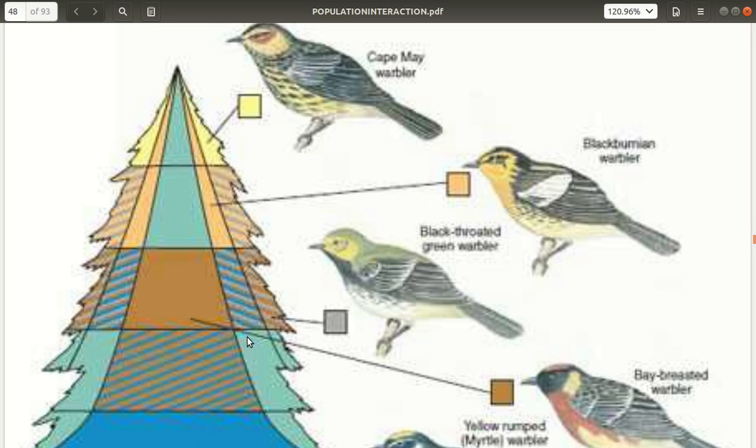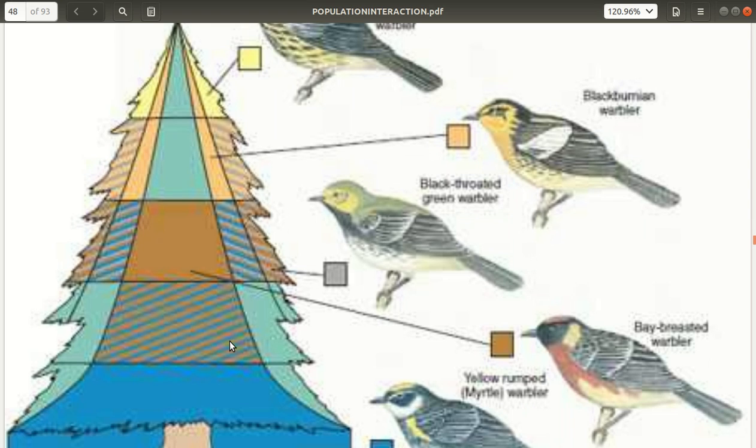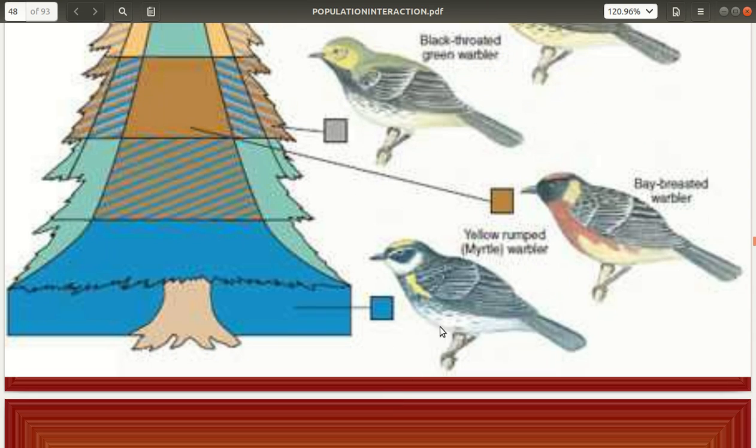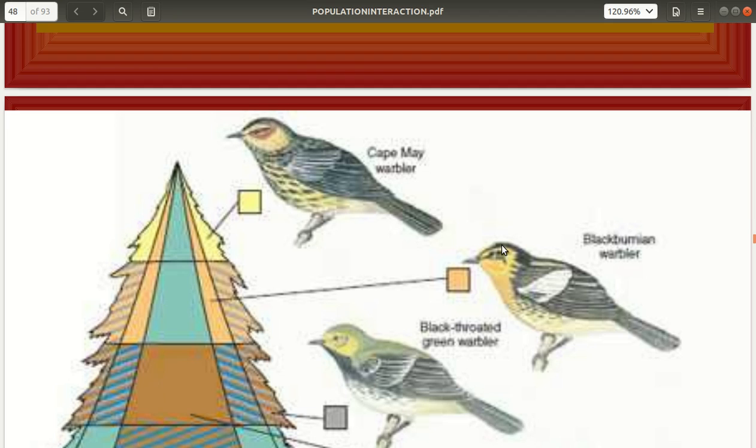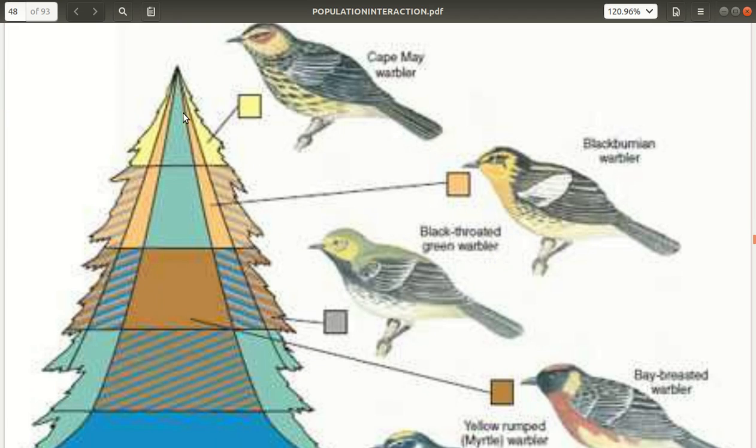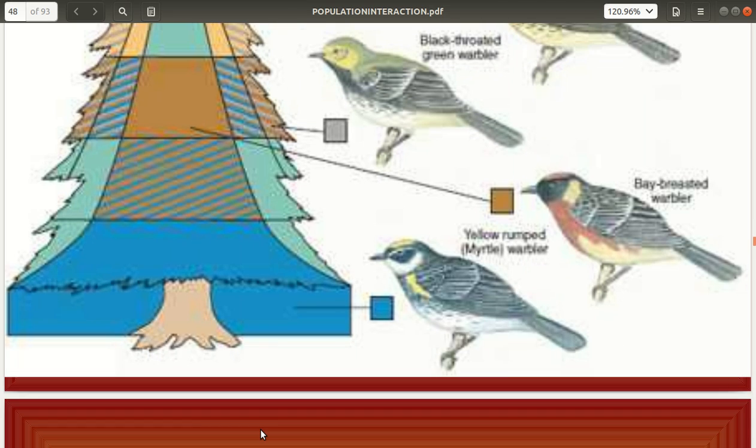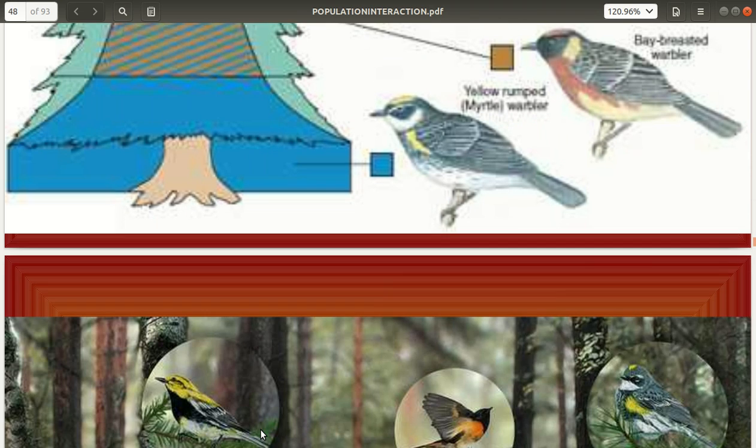Then the bay-breasted warbler went for the next zone. So you can see nearly five varieties of warblers having different foraging areas on the same tree, and thus they avoid competition with each other and coexist. This is partitioning of the resources, and thus all of them survive and coexist without competition harming them.